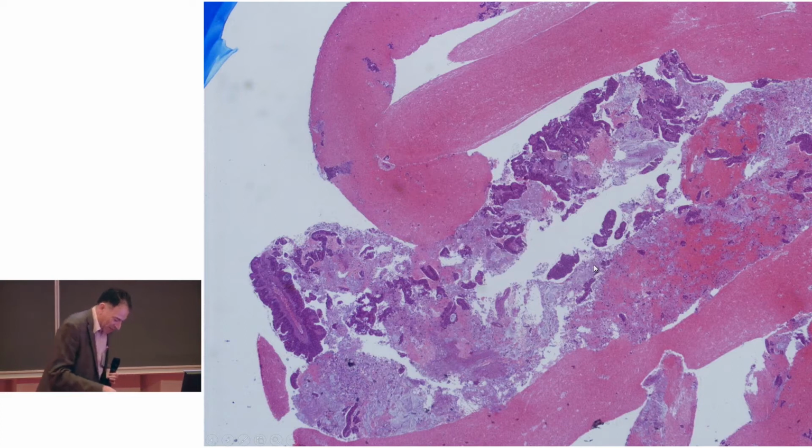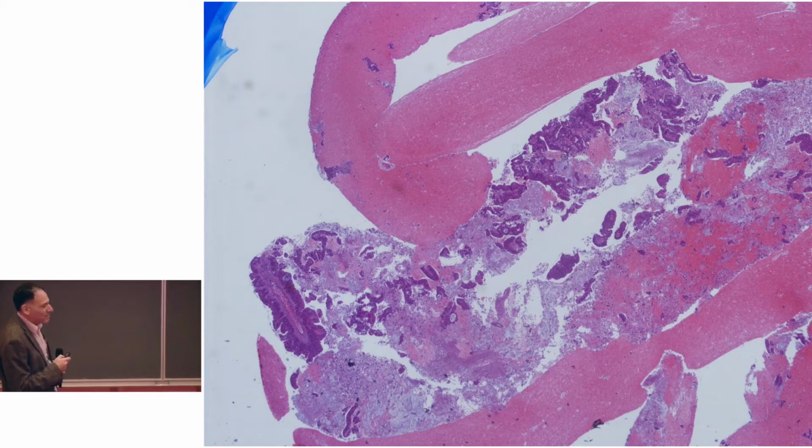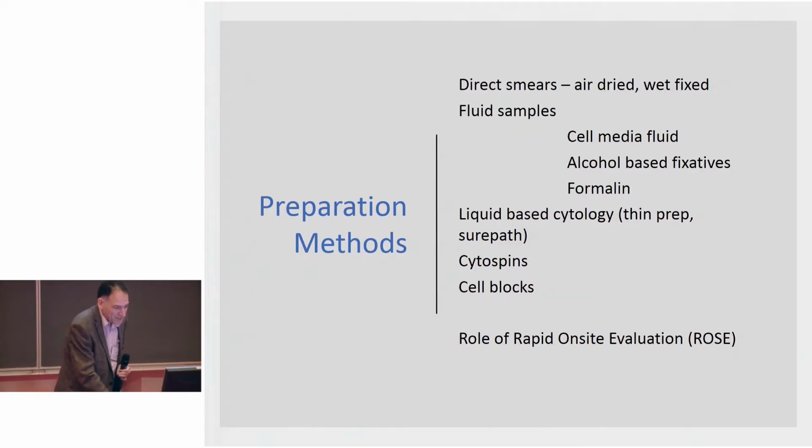Don't know why it didn't like my slide, but you can see there's actually a lot of tissue hiding in there, and that is really the gold that we're after amongst all the dross.